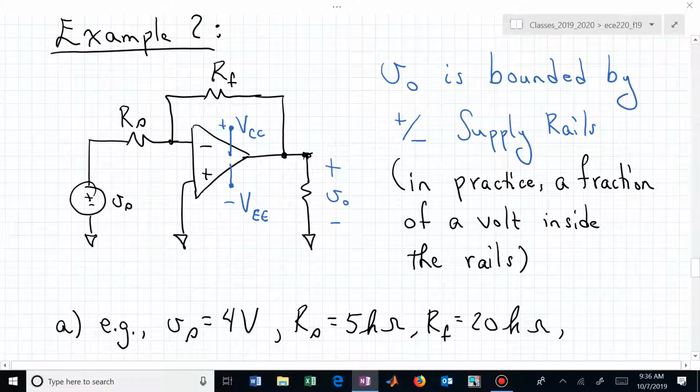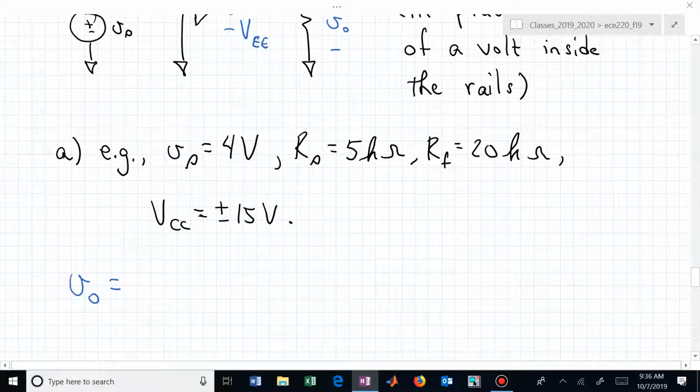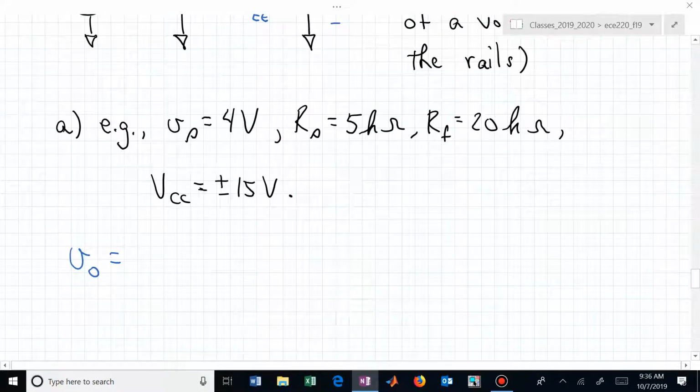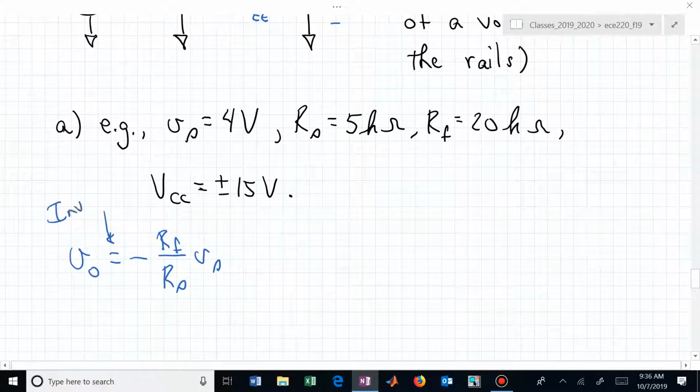We know that V sub 0 is bounded by those supply rail voltages. V sub 0, though, in this inverting amplifier configuration, functionally is minus R sub F over R sub S times V sub S. We know that to be true. That's the inverting amplifier. We now plug in the numbers.